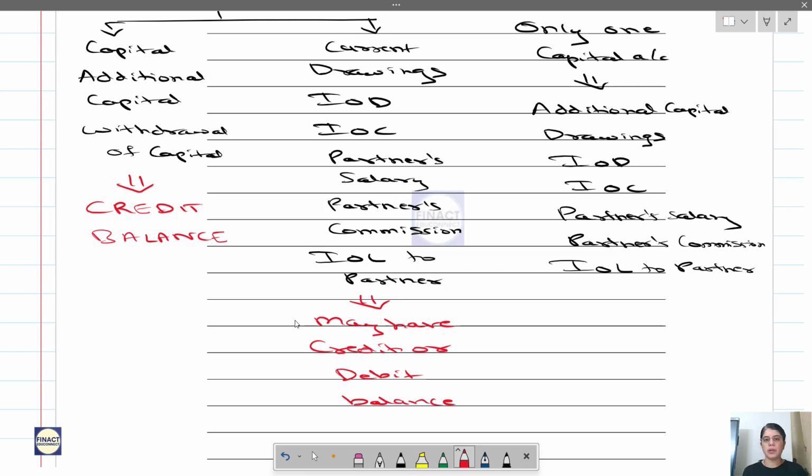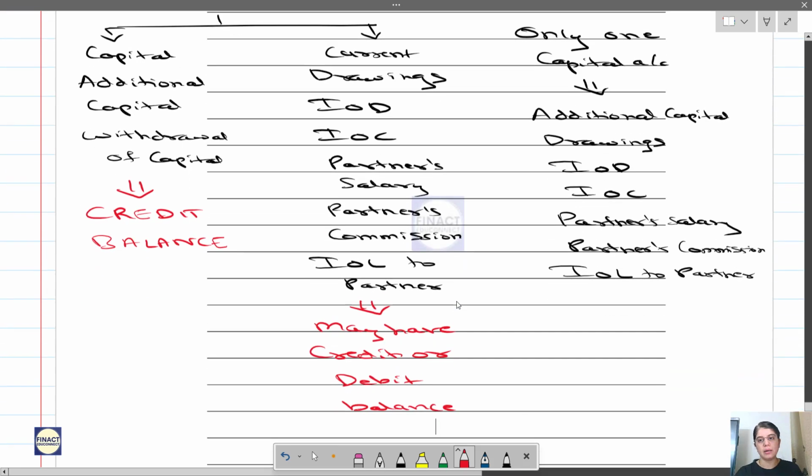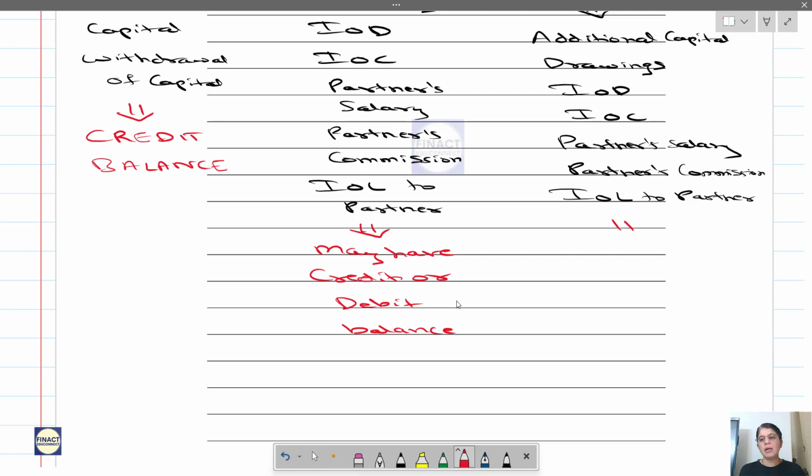Understand this. So capital will have a credit balance and current account may have a credit or debit balance in fixed capital method. In fluctuating capital method, it will usually have a credit balance, but rarely it can be debit also. So usually a credit balance, but here it will always have a credit balance.